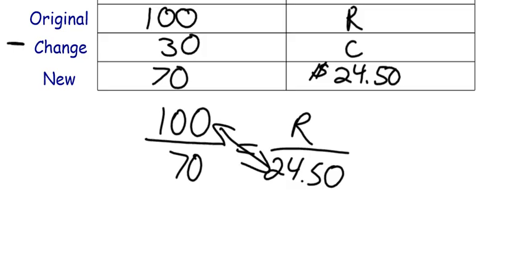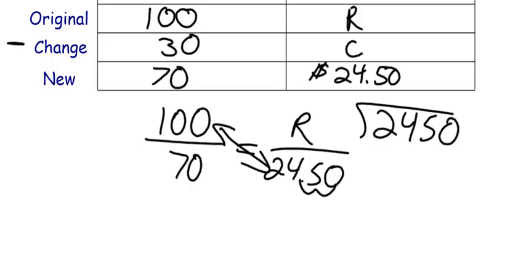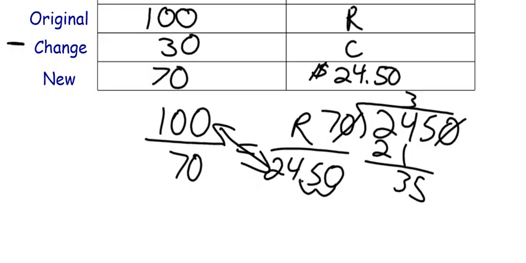So I'm going to multiply 100 by this, which is going to give me this number. Because when I multiply it by 100, I move over 2 decimal places. And then I'm going to divide by 70, just like that. And we can reduce quickly by knocking off our zeros. And so 7 goes into 240 just like this, 35 times.